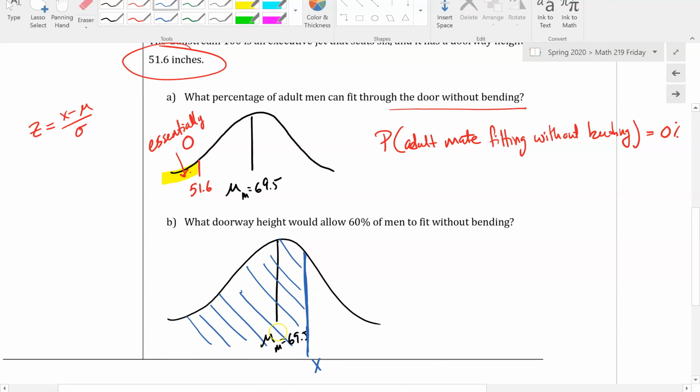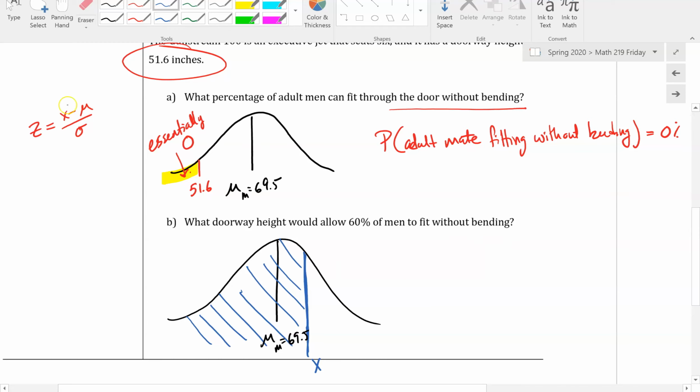And that's why I drew it to the right of the mean, because the mean is the cutoff for the halfway mark. So 50% of the men are left of the mean. I want 60% of the men to be less than this number so that they can walk through the door without having to bend over.